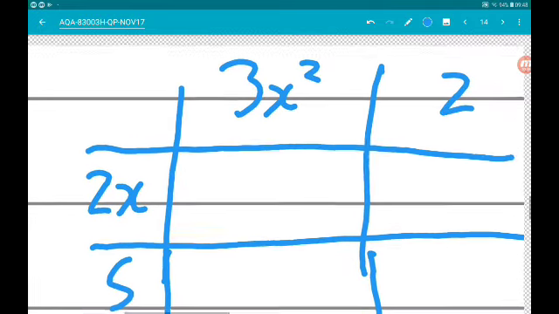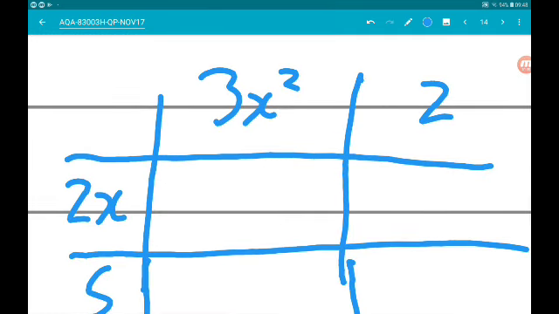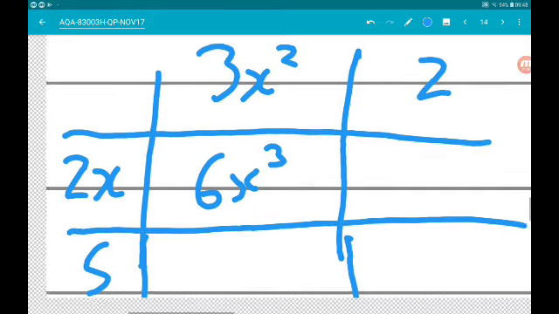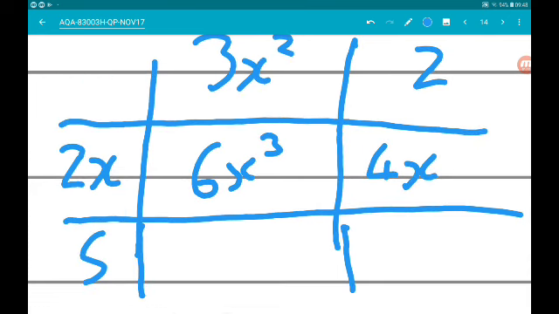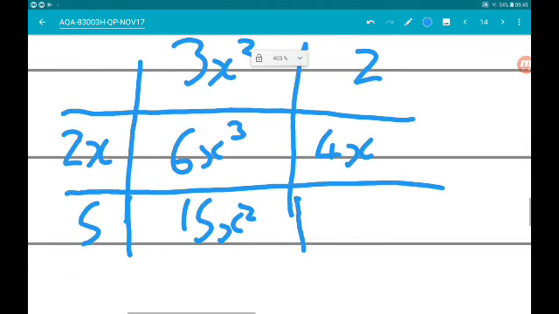Okay, so 2x times 3x squared is 6x cubed. 2x times 2 is 4x. 5 times 3x squared is 15x squared. And 5 times 2 is 10.